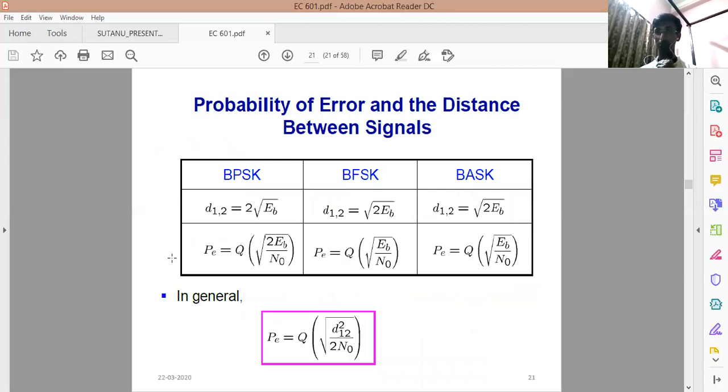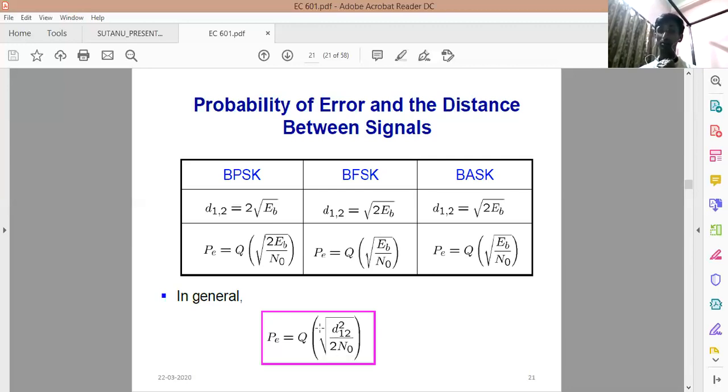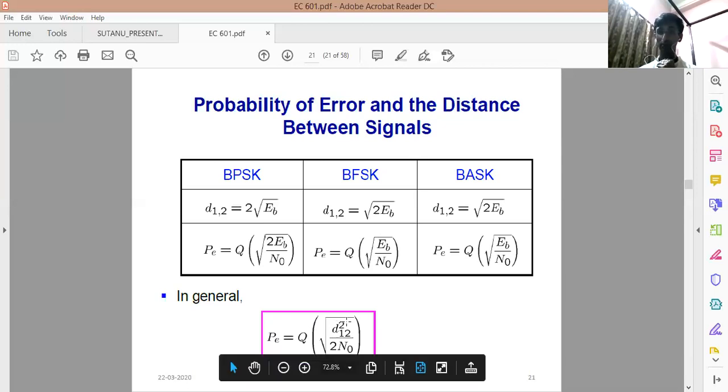And I told you, this energy may be computed using the distance between the two consecutive state points. That is T12. If we can compute it, then we will get this EB. Okay, EB may be computed using this distance.